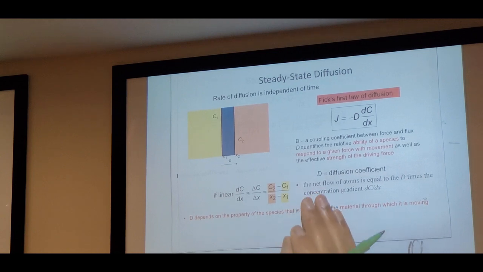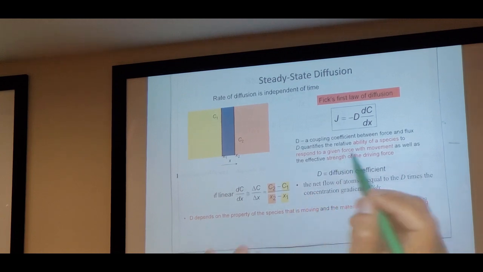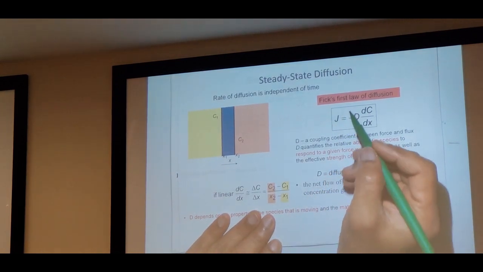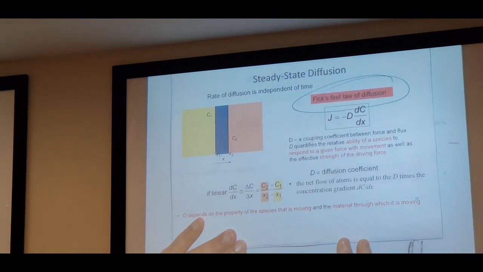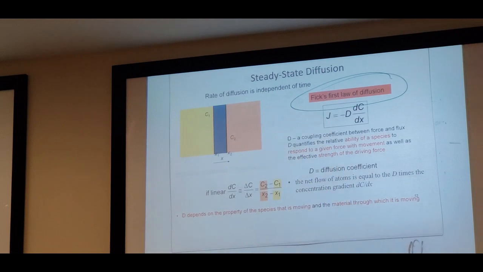So we can write it as Fick's first law. Again, this is important. Fick's first law is important. Rate of diffusion in this case for the steady state diffusion. Once the steady state is reached, is there any change with respect to change of concentration of the diffusing species through this medium with respect to time?